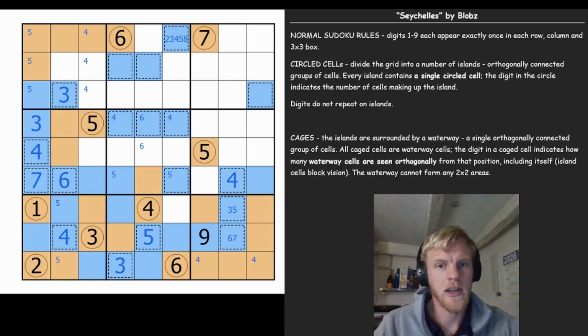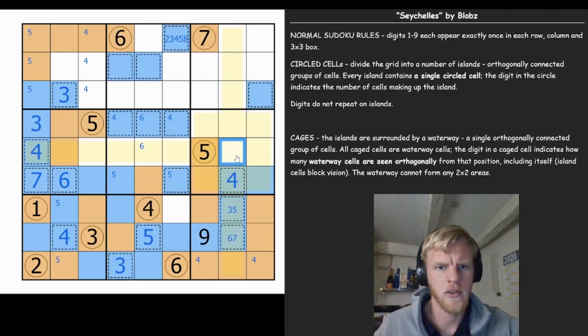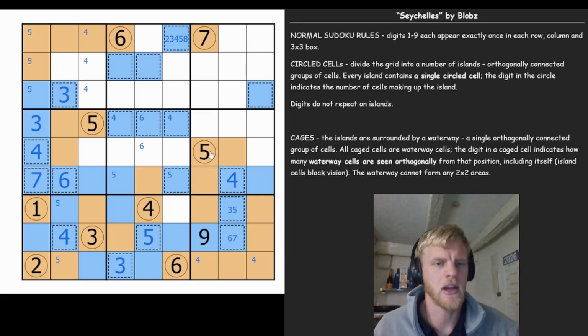Still no digits on islands. That's a 4. So this is not water. Just like this is not water. And the 5 already got 4 of the island cells.